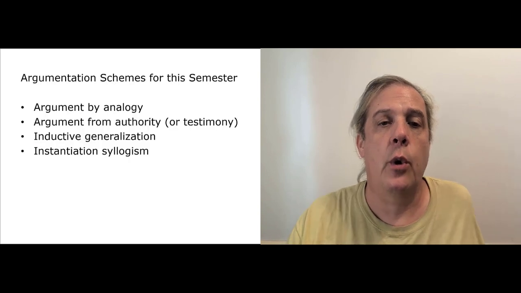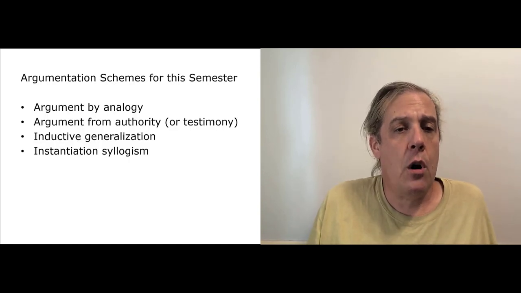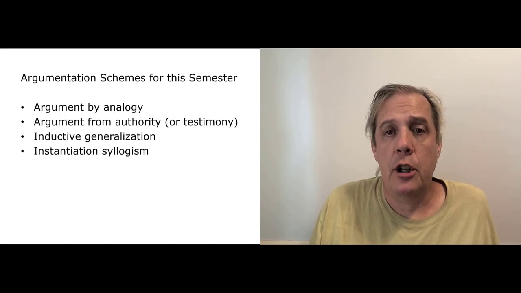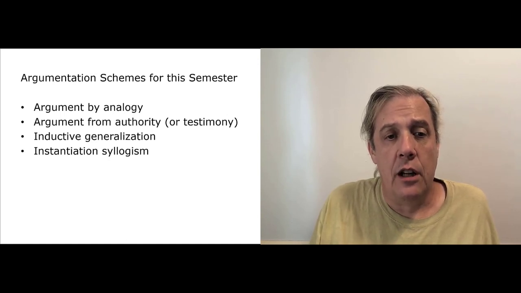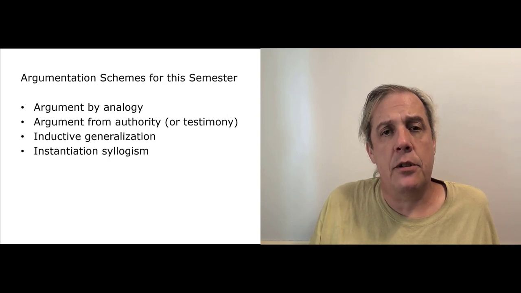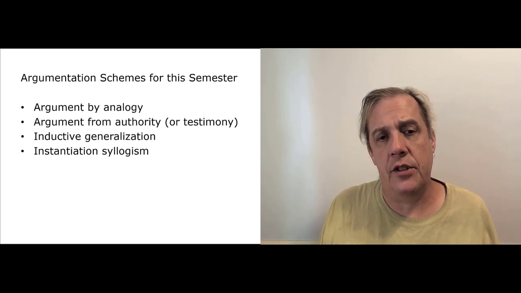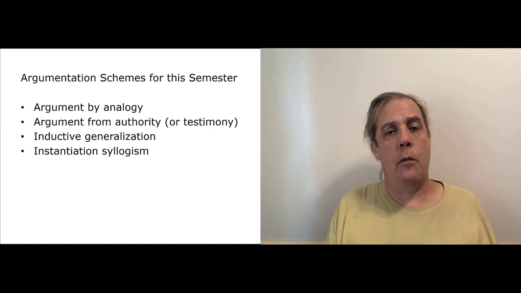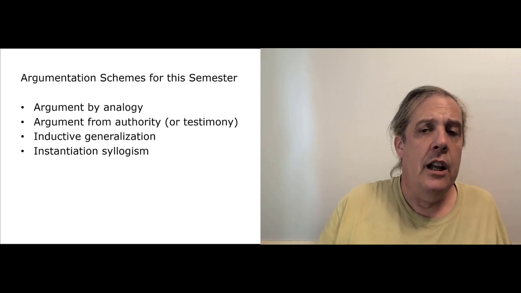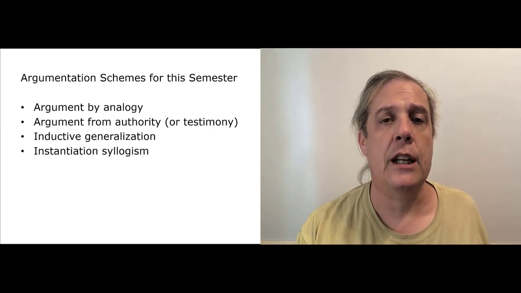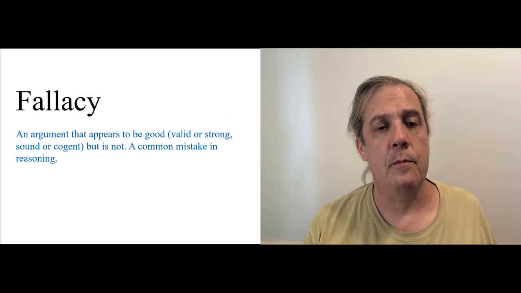So this semester, we are going to look at four styles of argument: argument by analogy, argument from authority, inductive generalization, and the instantiation syllogism. And for each of these, there's going to be a specific way of putting it in standard form. It's not going to be the usual, it's going to be a sub-variation of the standard form. And for each of these styles of argument, there's going to be a characteristic fallacy.